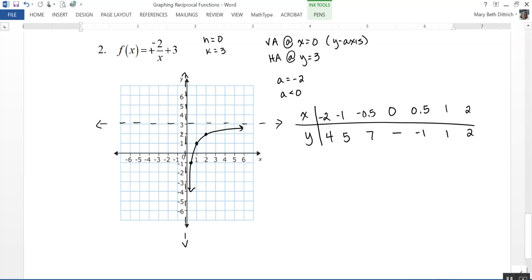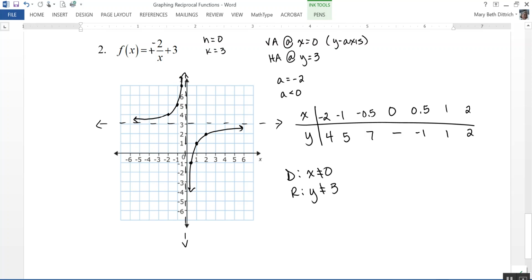And when I have negative 1/2, I have 7. Negative 1 is 5. And negative 2 is 4. And again, I'm making this look asymptotic. It's approaching the asymptote but not touching it. Okay, and my domain is x is not equal to 0, and my range is y is not equal to 3, because those are my asymptotes.